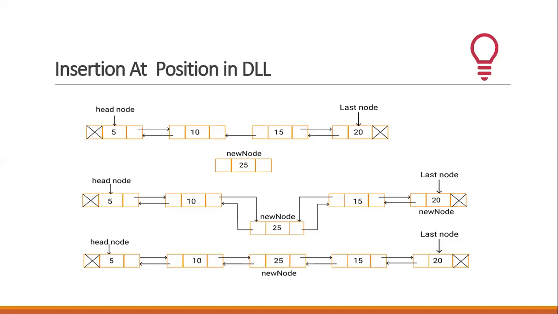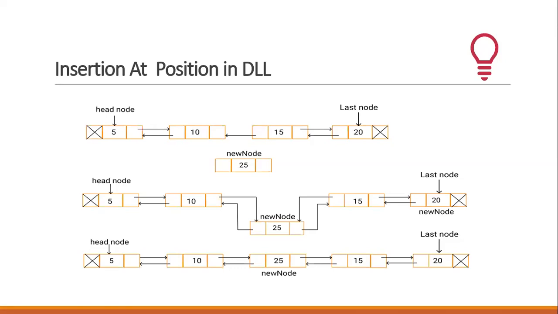Now once that new node gets inserted, there are more changes happening. Why? Because when insertion was happening at the beginning, only the new node and the begin node were getting changed. When insertion was happening at the last, only the new node and the last node were getting changed.